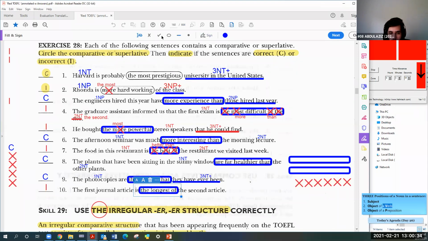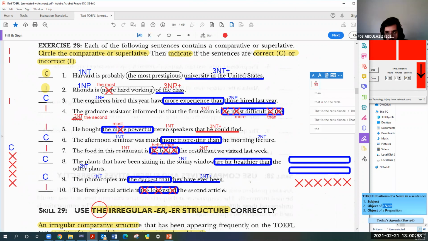Aha! Very good. Instead of the longest, should be longer than. And what about the second? The first journal article is longer than the second. Is that okay? Yes.